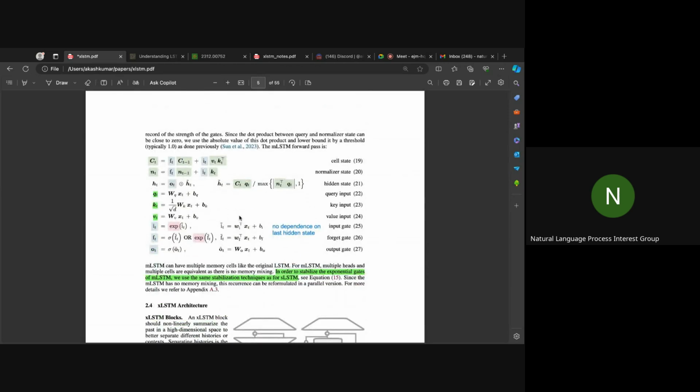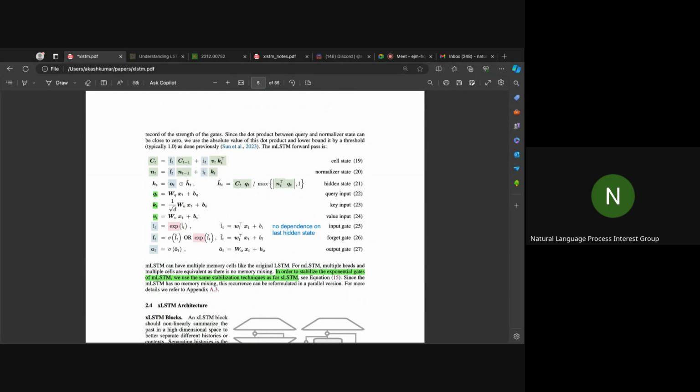So here you can see the new introductions are equations 22, 23, and 24. They are sort of like the query, key, value vectors in the attention architecture.